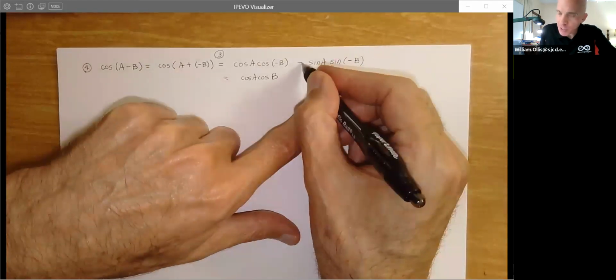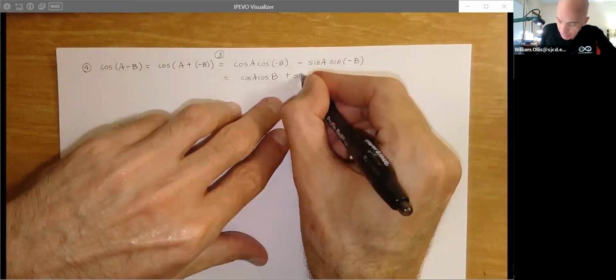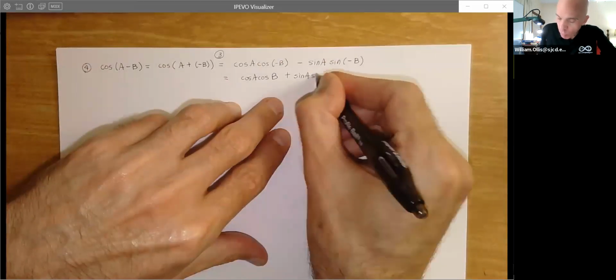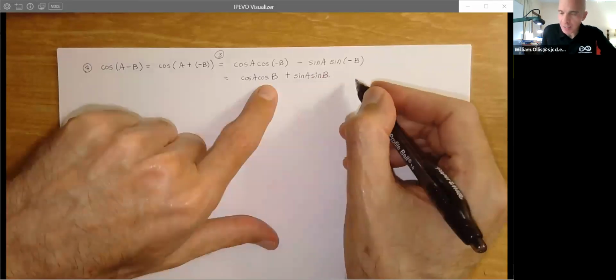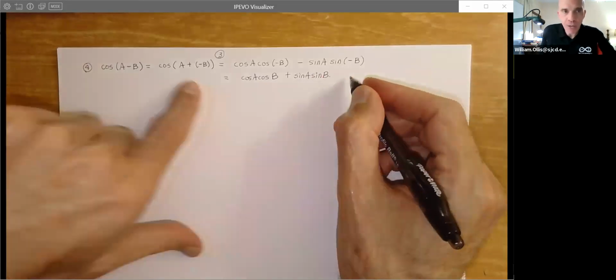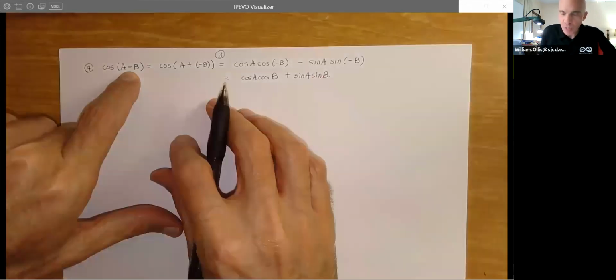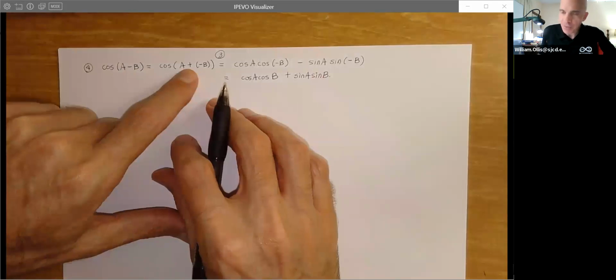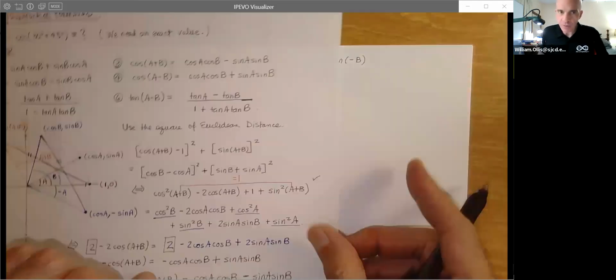So we'll have minus the negative, which gives us a plus. Once we have 3, we don't have to work hard to get this. That's just a simple restatement of the difference written as a sum, and then we're done. So that gives us 4 very quickly.